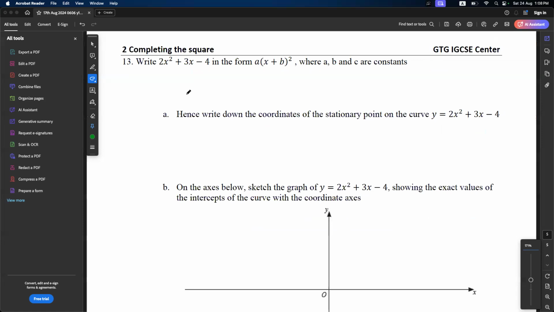Teacher, where is C? Is there a C here? It says where A, B, and C are constants, and then the equation is... Oh, maybe there should be a C here. I don't know.